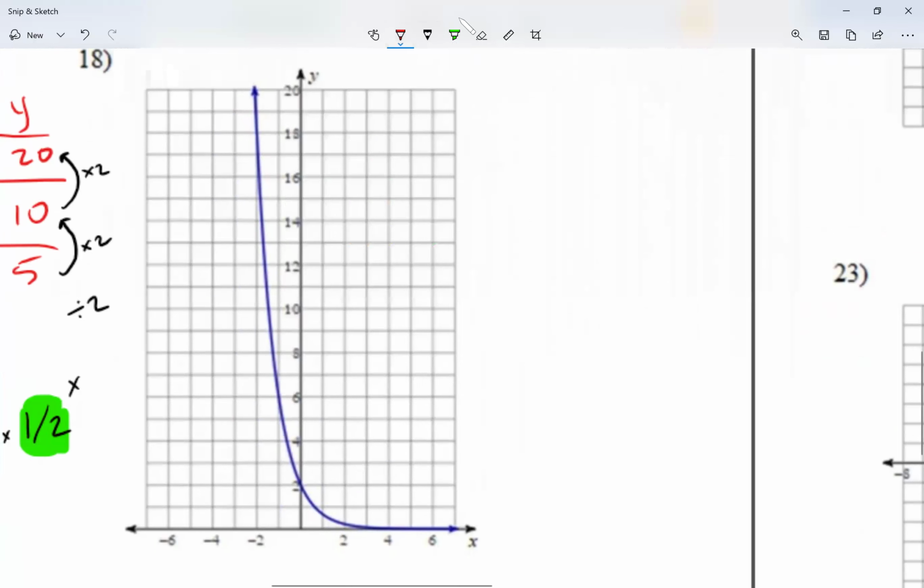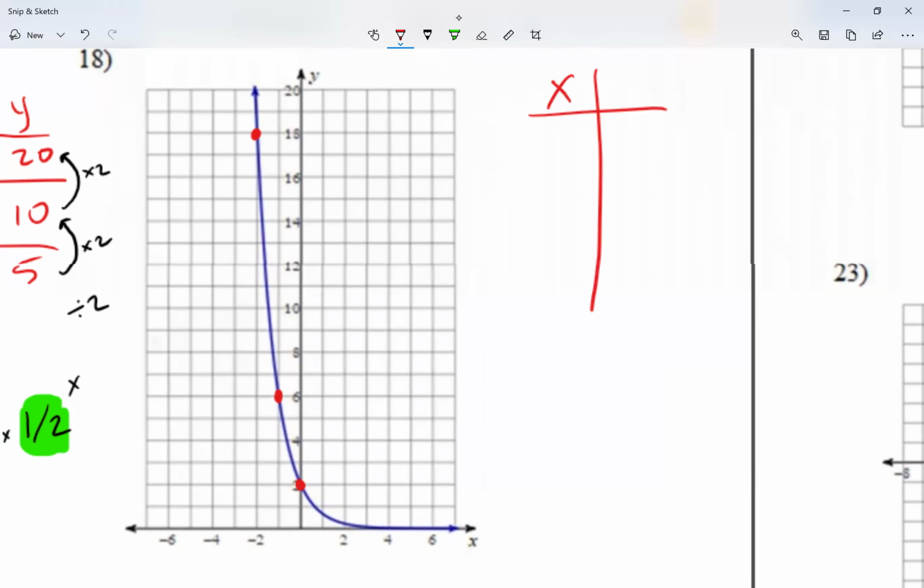Let's create a table. Any point that I can see. I can see this point. I can also see this point, and I can also see this value right here. I cannot see anything else. So I'm going to create a table.